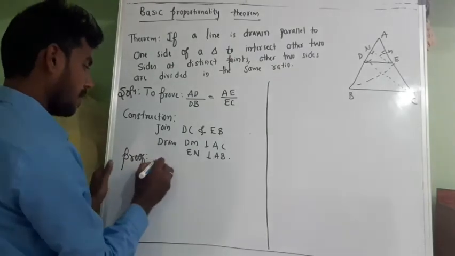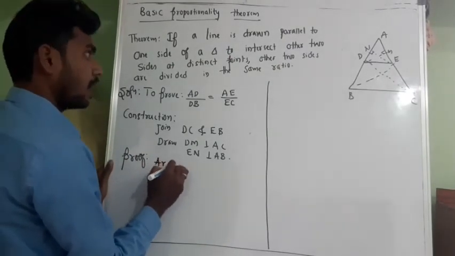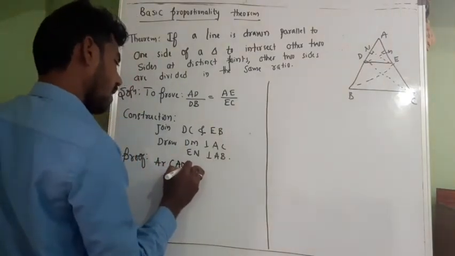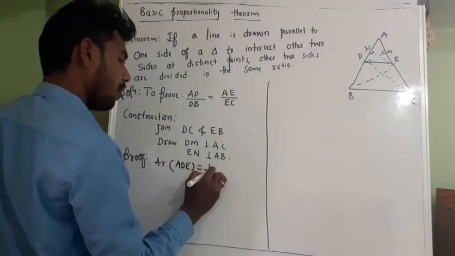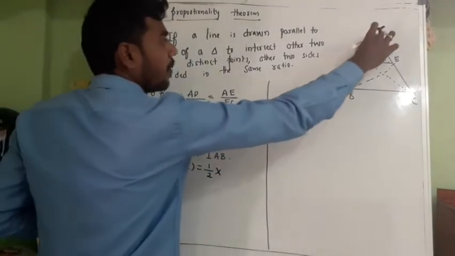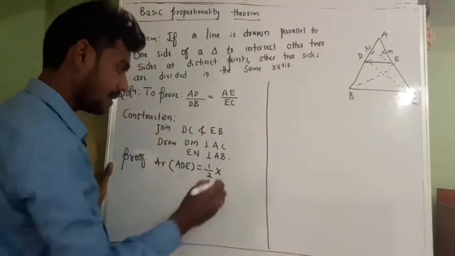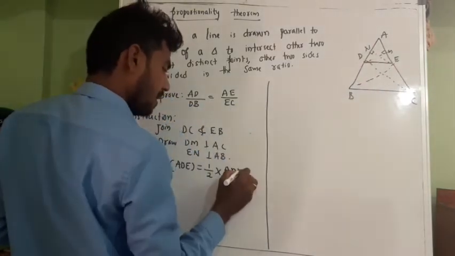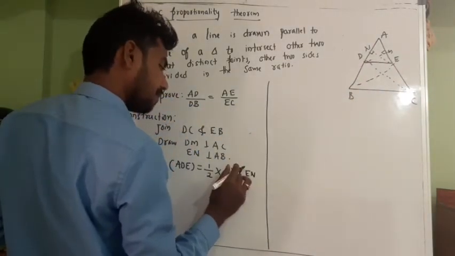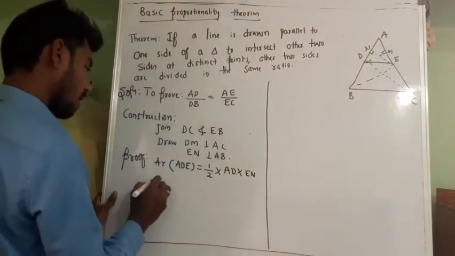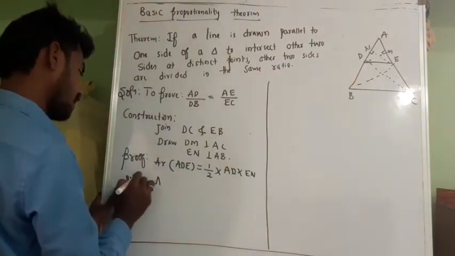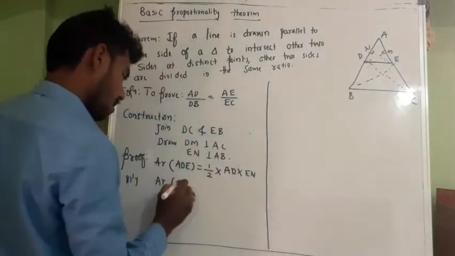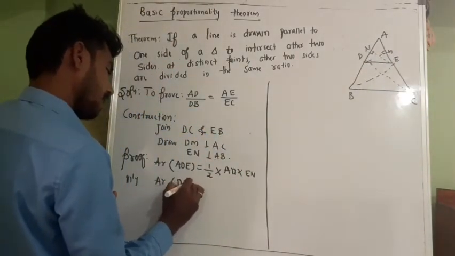So in this, area of triangle ADE, what is the area of a triangle? Half into base into height. If I consider AD as a base, what is the height? EN will be the height. Next, similarly, area of triangle DEB.